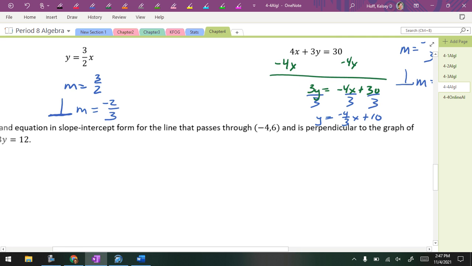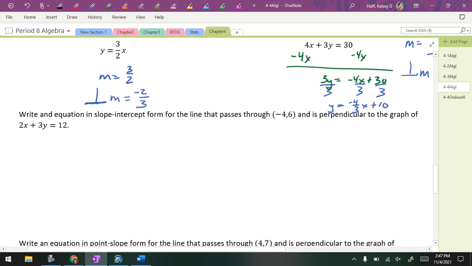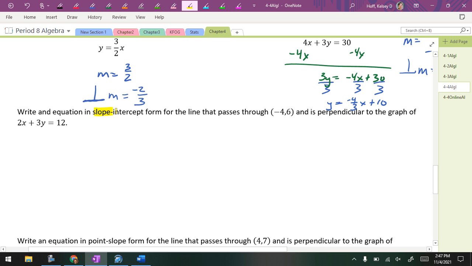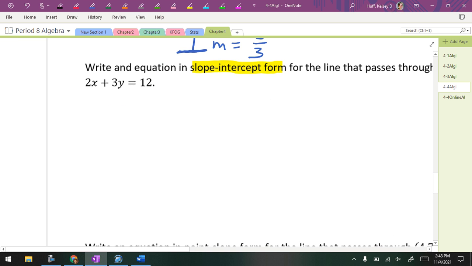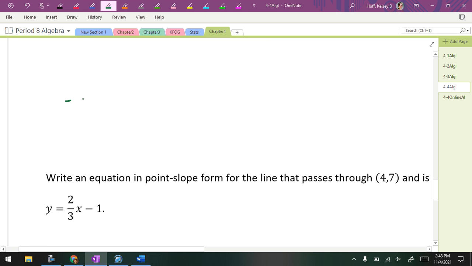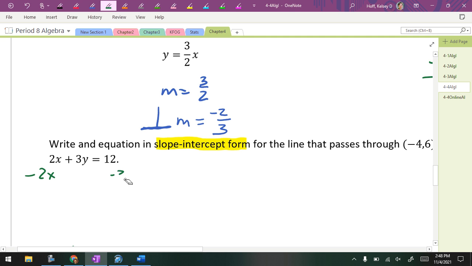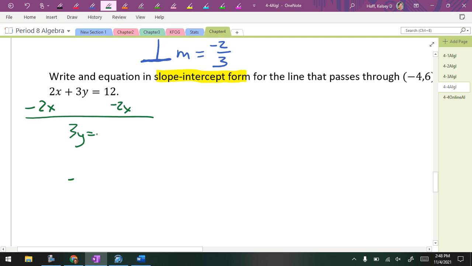So for this one, write an equation in slope-intercept form for a line that passes through negative 4, 6, and is perpendicular to the graph of 2x plus 3y equals 12. The first thing we got to do is figure out what this slope is. How do I do that? Step 1, minus 2x. 3y equals negative 2x plus 12.